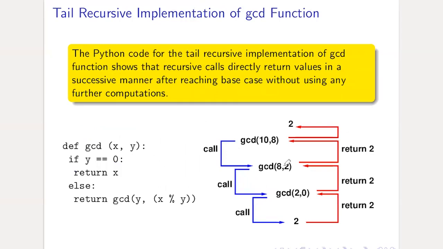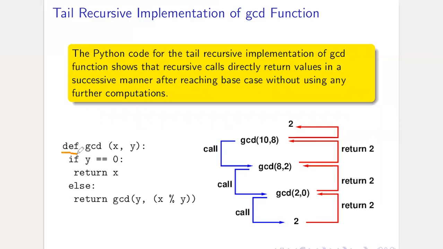Here I have a Python code which demonstrates what is happening here. As noted here, the Python code will run recursively, but will reach the base case without having to do any other computations. Let's quickly look at the example here. Suppose you ask to compute the greatest common divisor of 10 and 8.